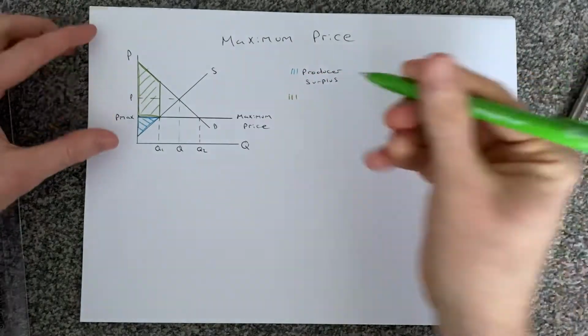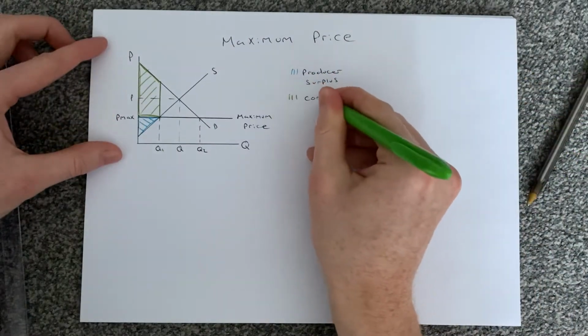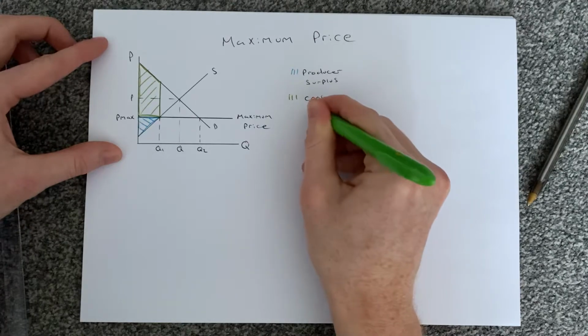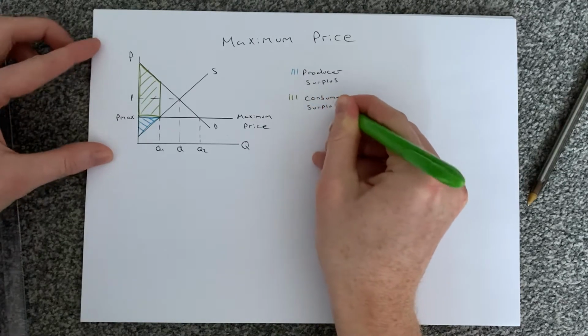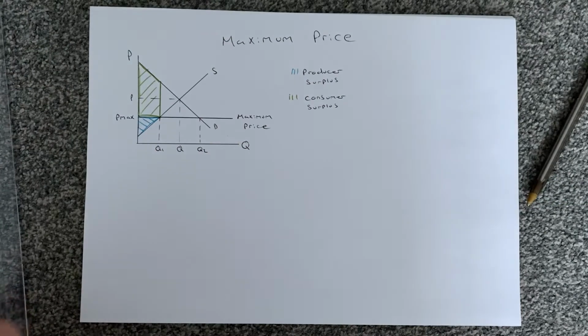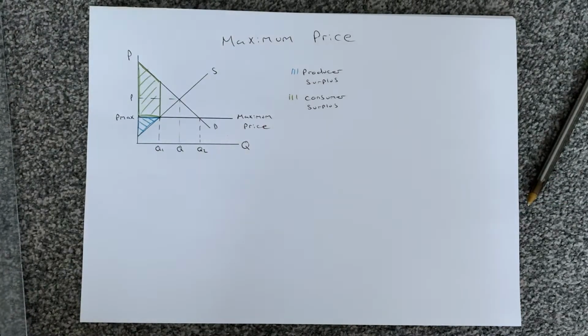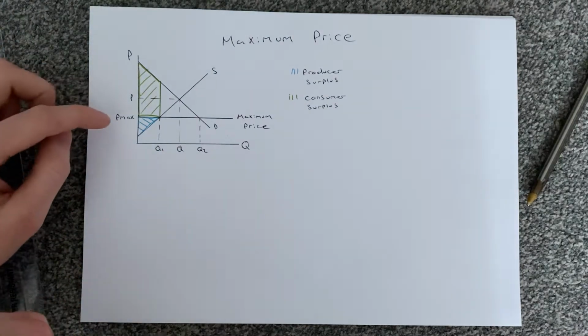And the reason why that area is all representative of the consumer surplus is that consumers are now more willing and able to buy at that lower price of P max. And the real benefit to the consumer is the price is lower.